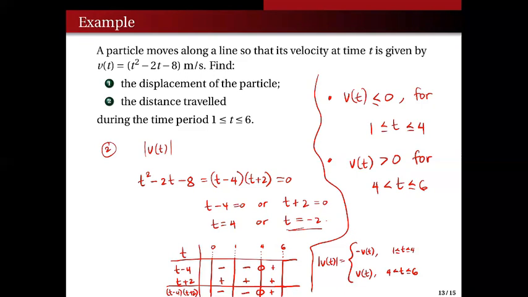So I think you have to remember this absolute value definition. Absolute value of x is equal to x if x is greater than or equal to 0, and negative x if x is less than 0. This is just the one we used in here.